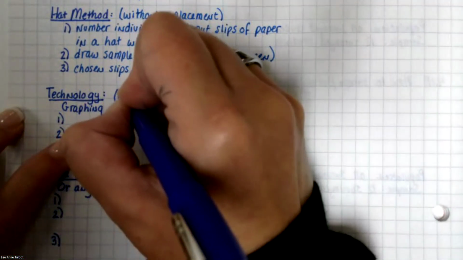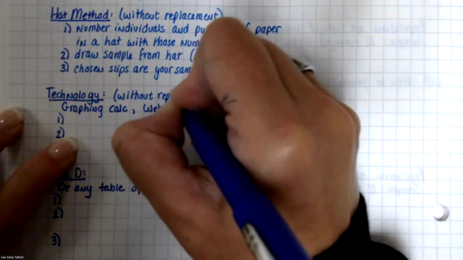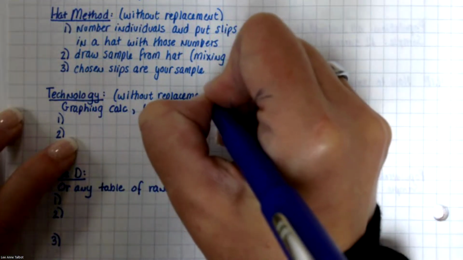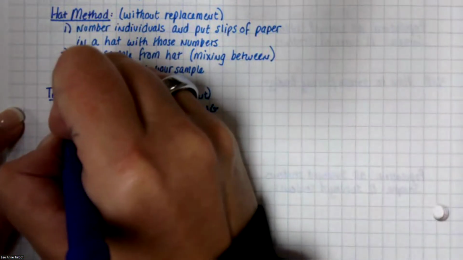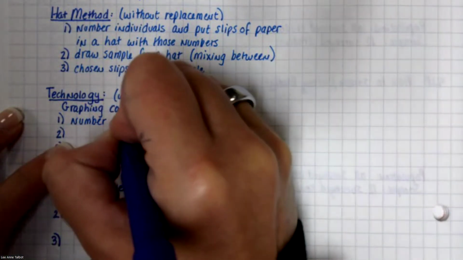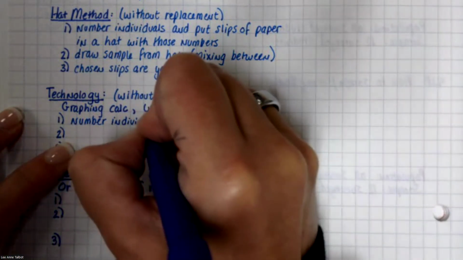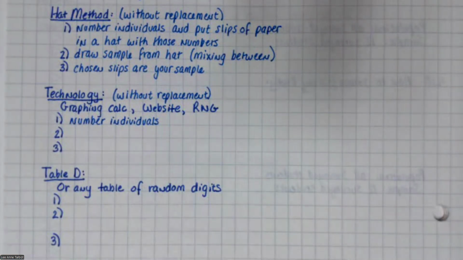This is also without replacement. Oh, look. The first step is to number the individuals.